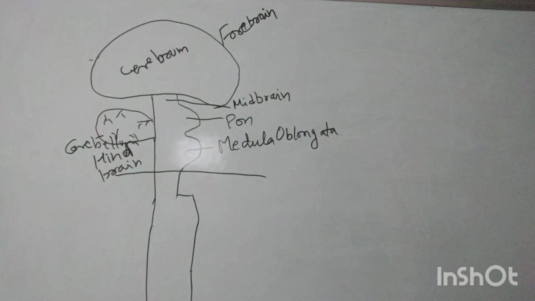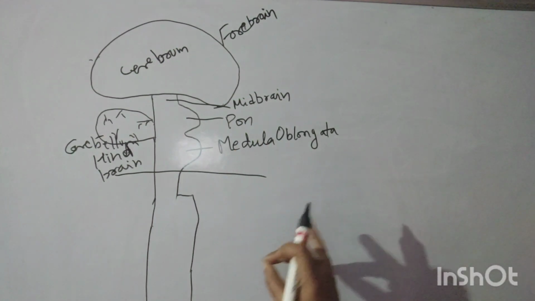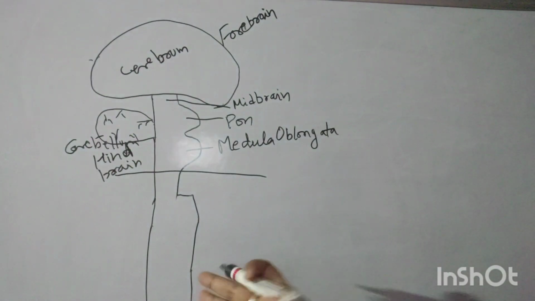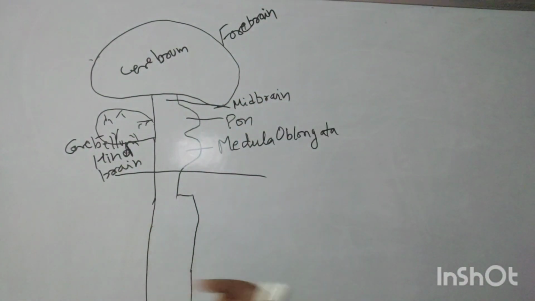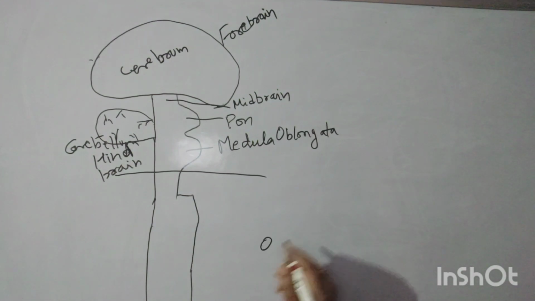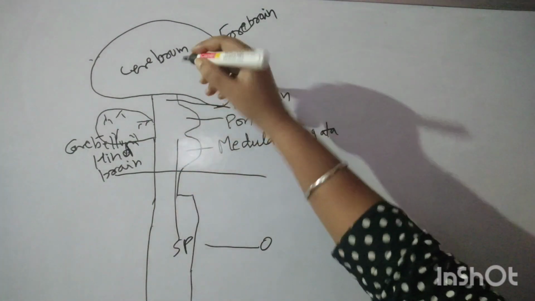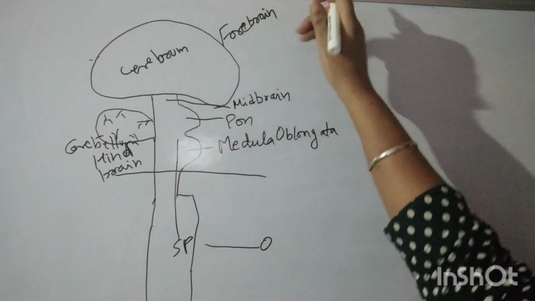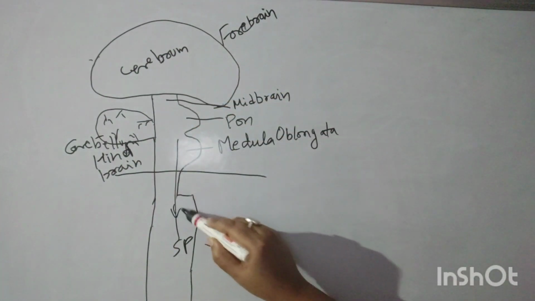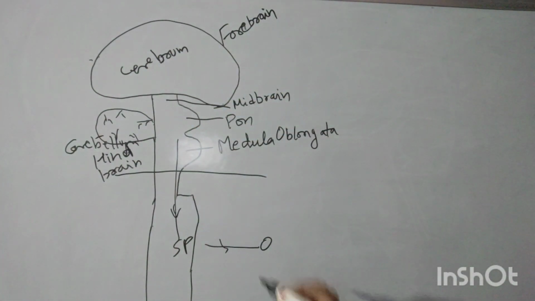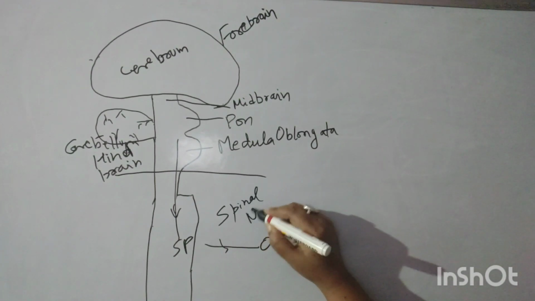And spinal nerves bring messages from the organs to the brain. They take the message impulses to the brain through the spinal cord, means from organs through the spinal cord to the brain. Then back from the brain, it will take the message from the brain to the spinal cord to the organ. Those are called spinal nerves.